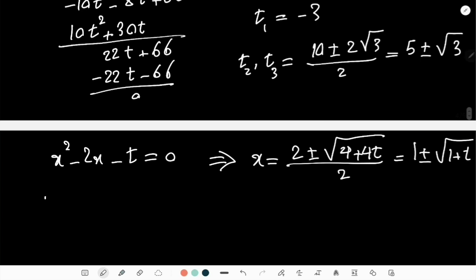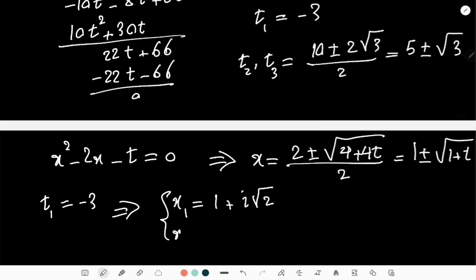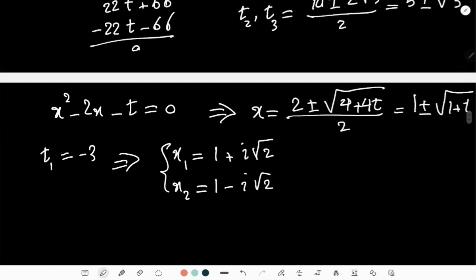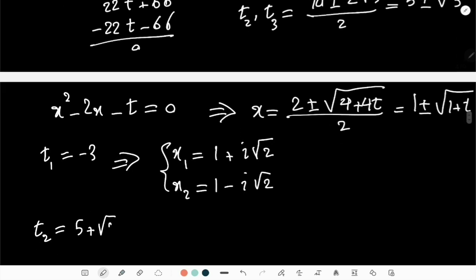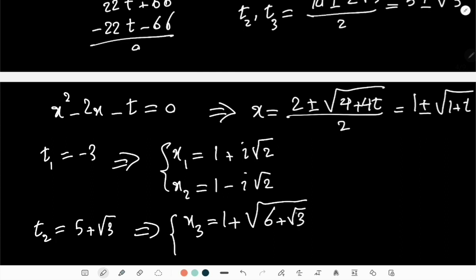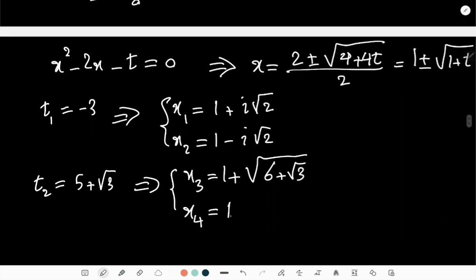For t₁ = −3, x is 1 plus or minus i√2, so one x would be 1 + i√2 and the other 1 − i√2. Let's take t₂ to be 5 + √3. Then x₃ will be 1 + √(1 + t), which is 1 + √(6 + √3), and x₄ will be 1 − √(6 + √3).